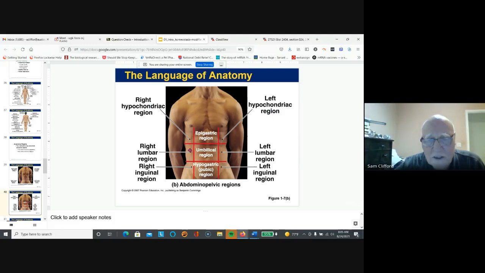Lumbar region is the lumbar region of the spinal cord, so you have a right lumbar region and a left lumbar region. You have a right inguinal region and a left inguinal. You have an inguinal canal where blood vessels and nerves, and so on, go to the testes in the male. So know these various region names.